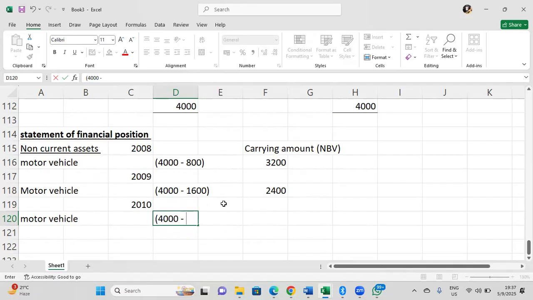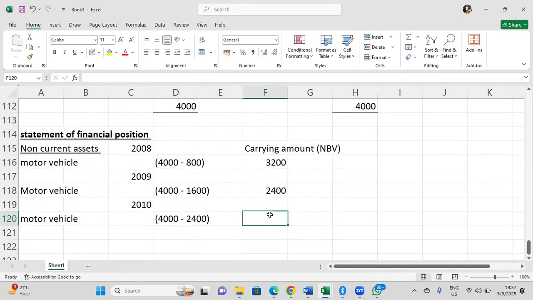So this year, the total depreciation will be 2.4. So the carrying amount in the year 2010, 4,000 minus 2.4. So these are the carrying amounts.